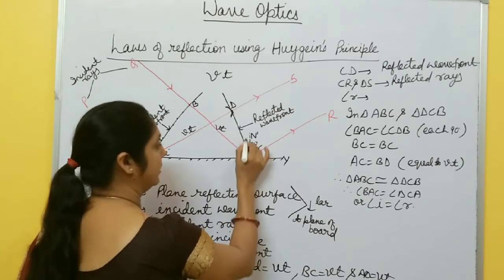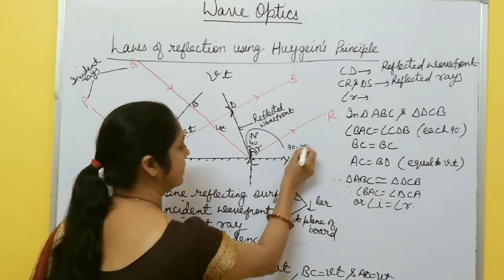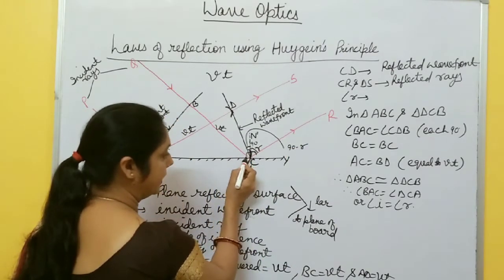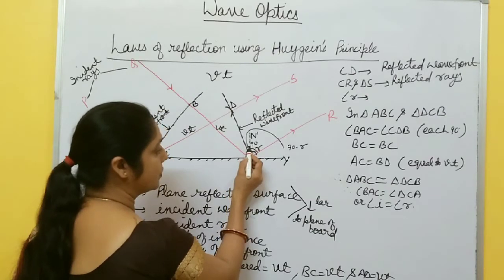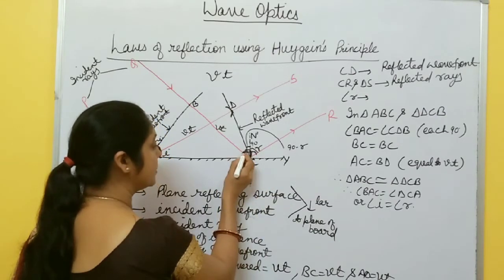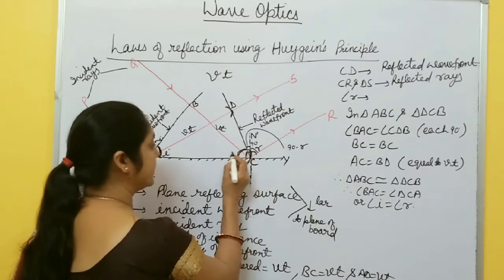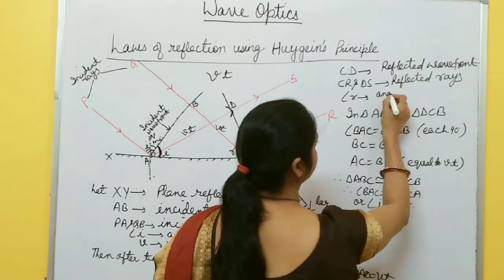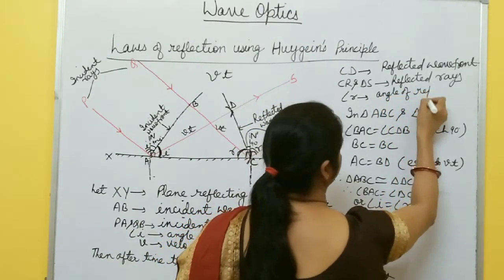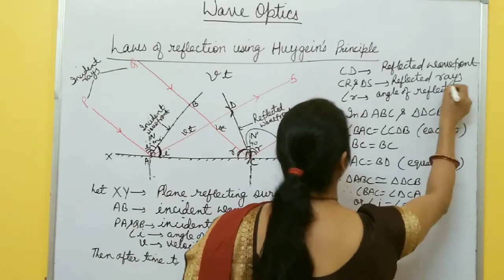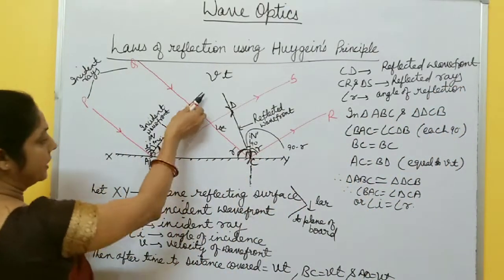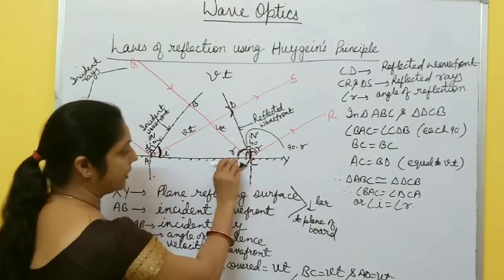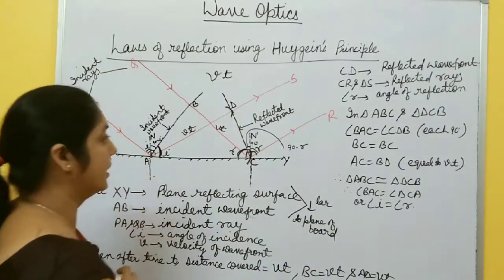This is normal to the surface, so this whole angle is 90, and this one is 90 minus r. So the angle between the reflected wavefront and the surface is r, and r is called the angle of reflection. So with the help of geometry, you can prove that the angle between the incident wavefront and the reflecting surface is i, and between the reflected wavefront and the reflecting surface is r.